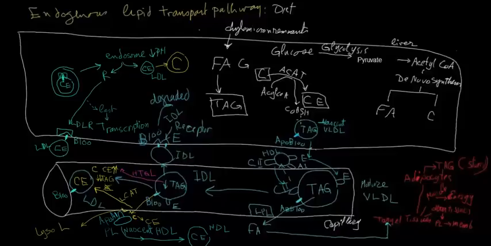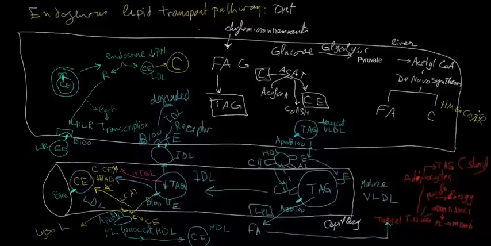The regulation of cholesterol level inside the liver cell takes place primarily by regulating the de novo synthesis. We know that the de novo synthesis of cholesterol inside the liver cell takes place in the cytosol in a multi-step reaction that is catalyzed by many enzymes, and the rate-limiting enzyme is HMG-CoA reductase.